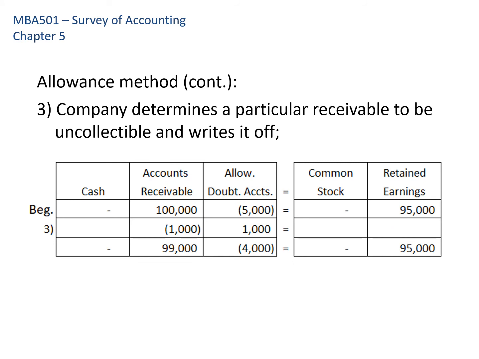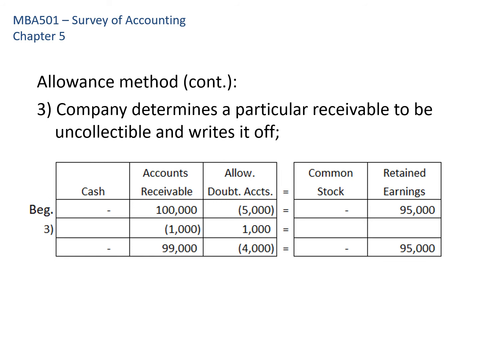The next year then, the company decides that a particular receivable is uncollectible and has to be written off based on their judgment. So in that case, they lower their receivable amount. Okay, they have a list of people that owe them $100,000 and they scratch one of them off, right? They say, okay, that one we're not going to get. So they reduce their receivables and they reduce their allowance for doubtful accounts.